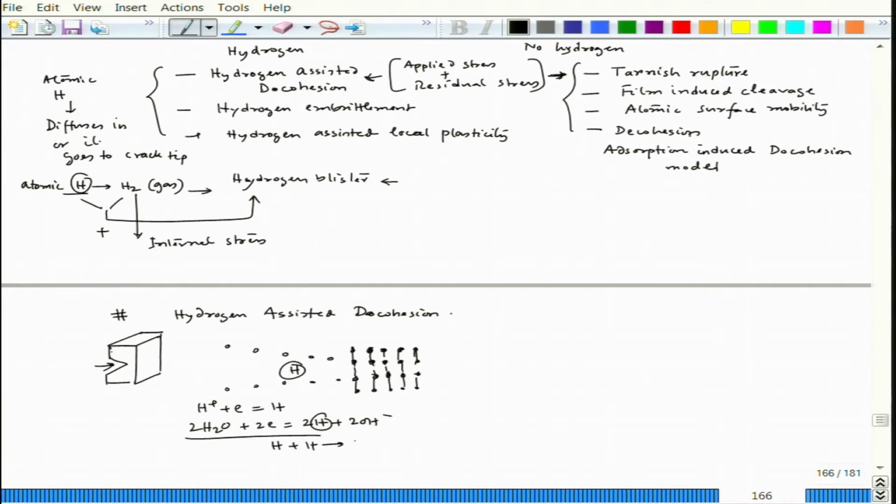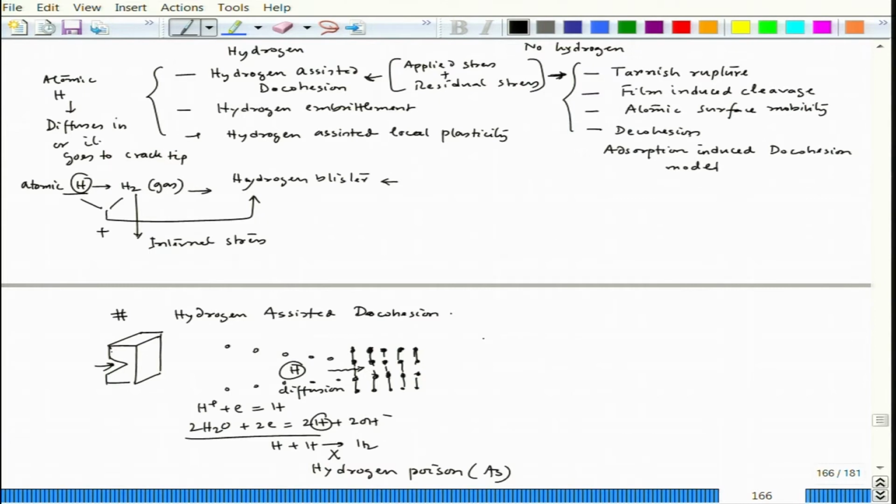So when that poison is there, the atomic hydrogen will not combine and form hydrogen gas, and this atomic hydrogen is a very small size atom, so it can diffuse in. So, this is diffusion of the hydrogen atom in the metal at the crack tip, and when it diffuses, it actually reduces the fracture stress.